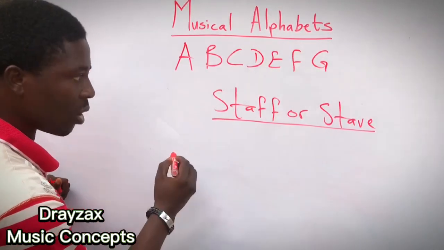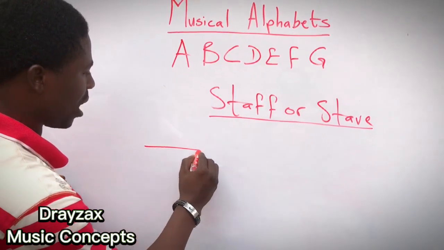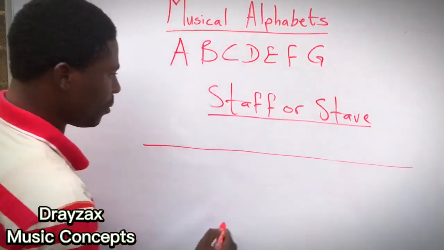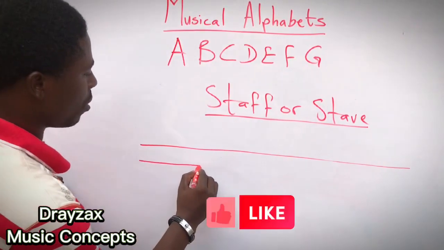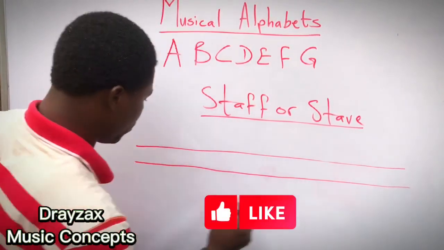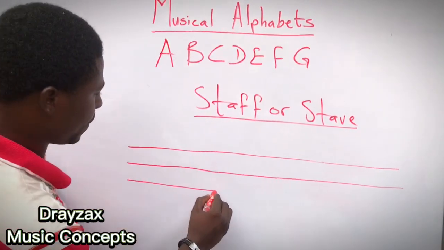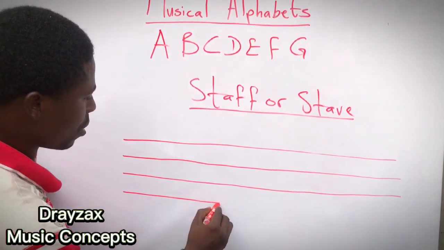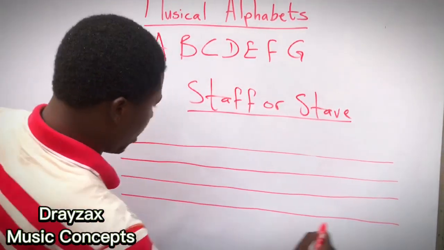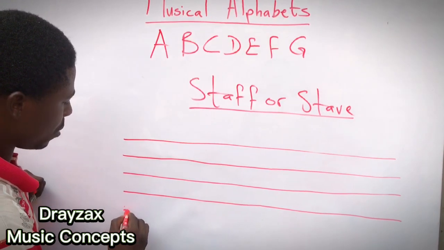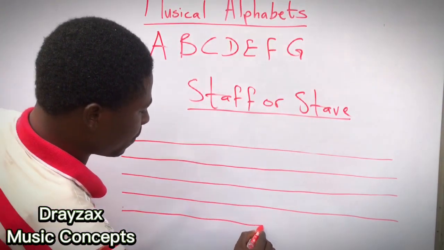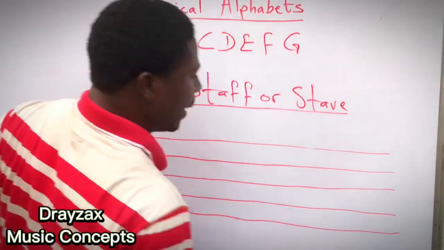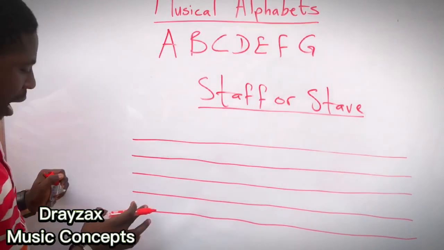These are the lines: line number 5, line number 4, line number 3, line number 2, and line number 1. This thing is called a staff.